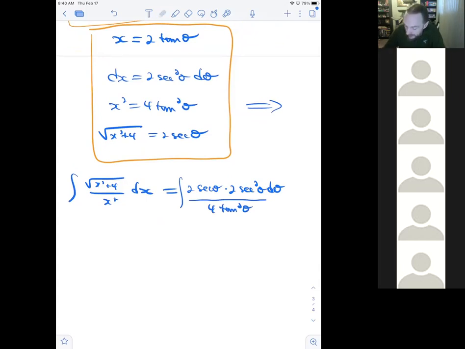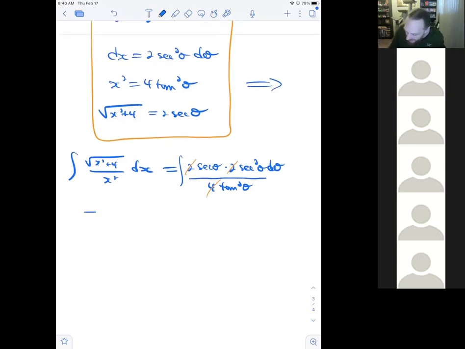Let's clean that up. It looks like the 2's cancel, first of all. And then now we have trigonometry. Because they gave us division, it won't be quite just products of secant and tan. We're going to get something slightly different. This ends up simplifying to the integral of secant theta times cosecant squared theta d theta. When you write everything out, the cosines cancel and you're just left with two sines on the bottom, which is 1 over sine squared, or cosecant squared.